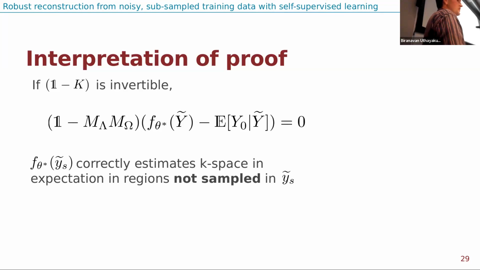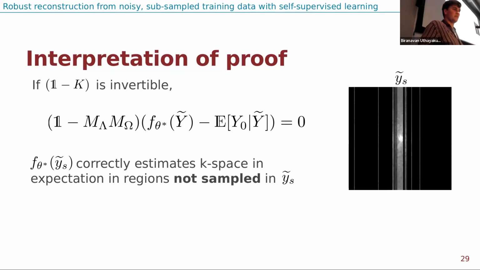And all this tells us is that the trained f correctly estimates k-space in expectation in regions not sampled in the input y tilde. The reason it's for those entries not sampled in y tilde is because of the 1 minus m lambda m omega out the front. So it tells us that the network will recover everywhere correctly, apart from the information that I've given it in the first place.